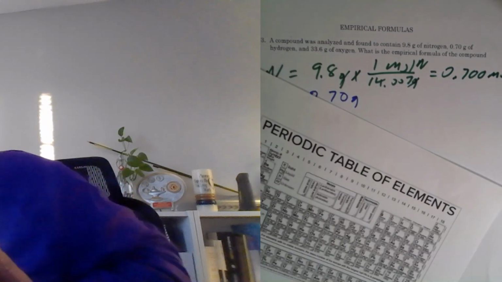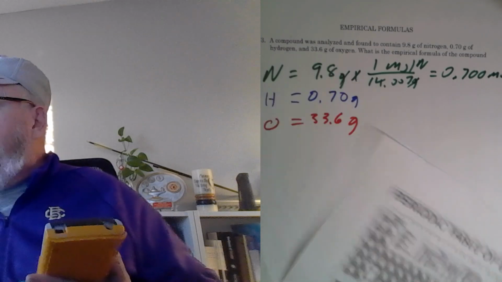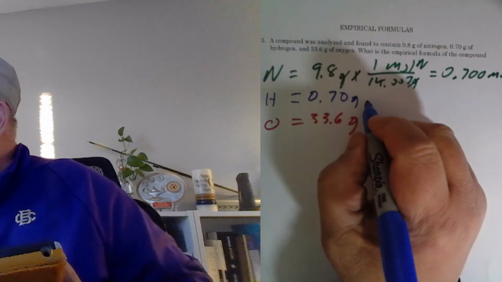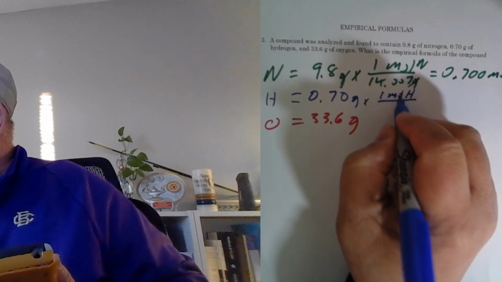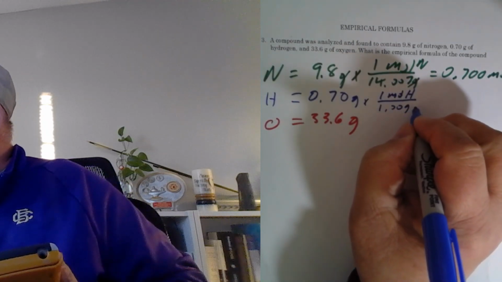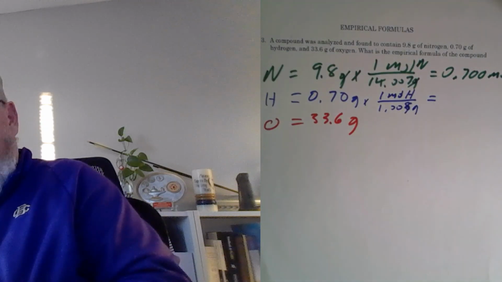My periodic table says hydrogen is 1.008. So I'm going to multiply by the ratio: 1 mole of hydrogen has a mass of 1.008 grams.